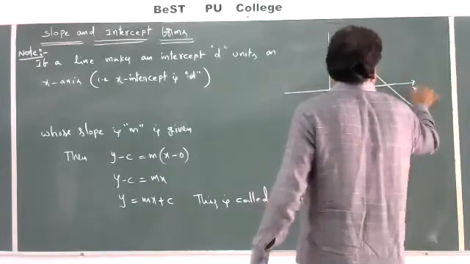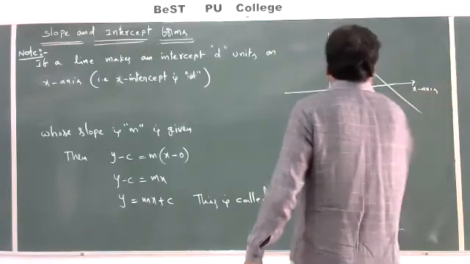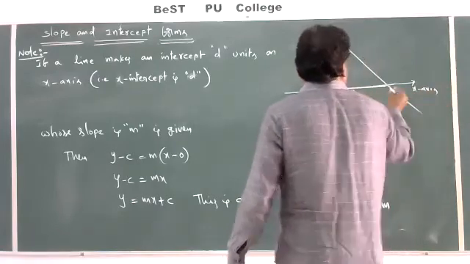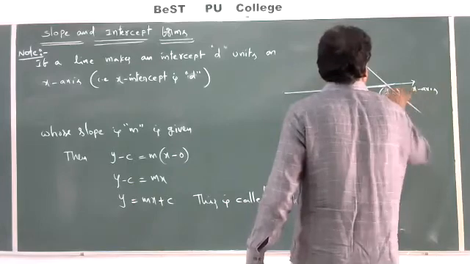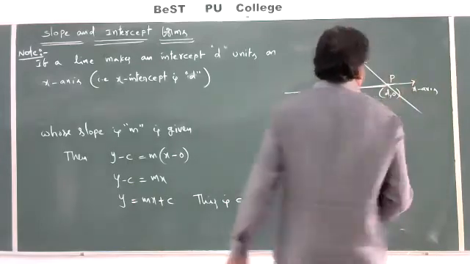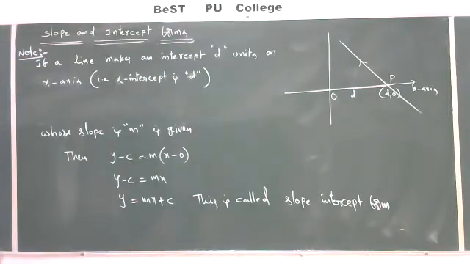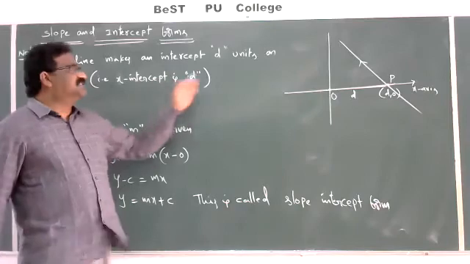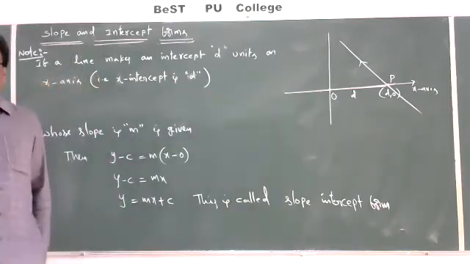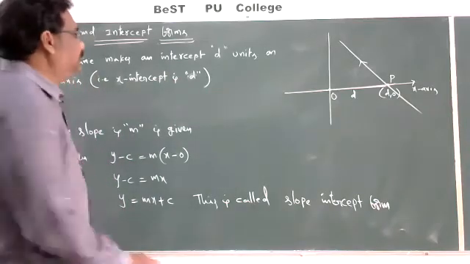This is the origin and this is the x-axis. So this distance is d, that is, this point is d comma 0. For example, this is the point. That point is d comma 0. If a line makes an intercept of d units on the x-axis, that is, the x-intercept is d.